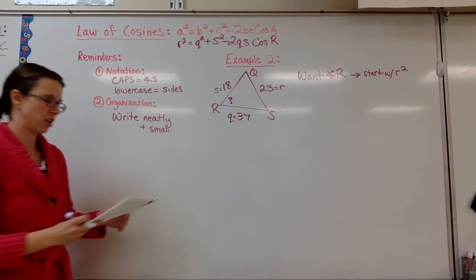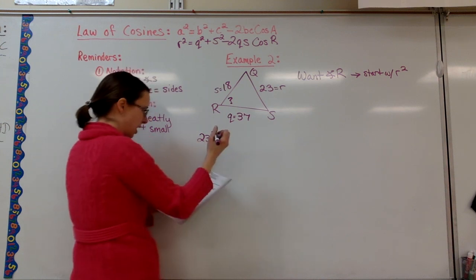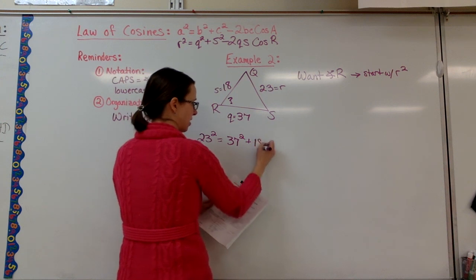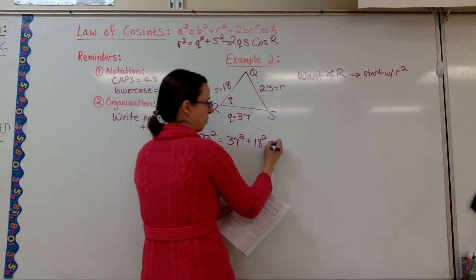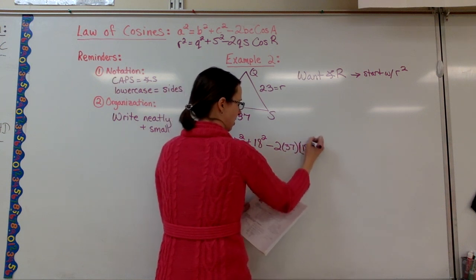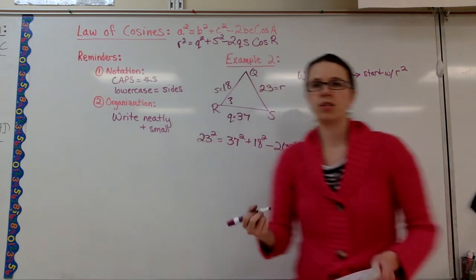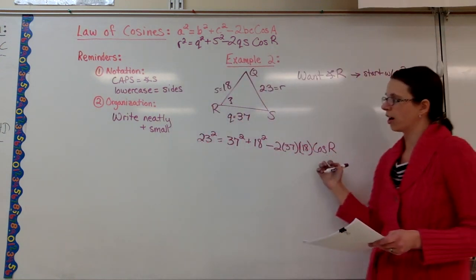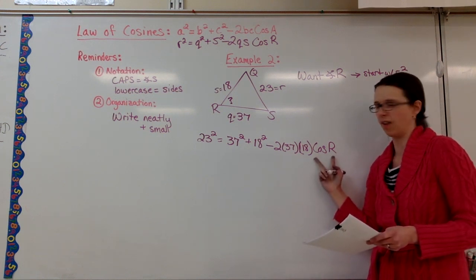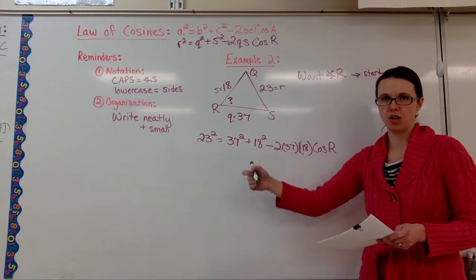So let's plug in our values, okay? We're going to have 23 squared equals 37 squared plus 18 squared minus 2 times 37 times 18 times cosine of my unknown angle R. So as I'm looking at this, we want to make sure that we're going to solve for angle R, but before we do that, we're going to solve for cosine of R. And as we work through these calculations, you can do it bit by bit on your calculator.